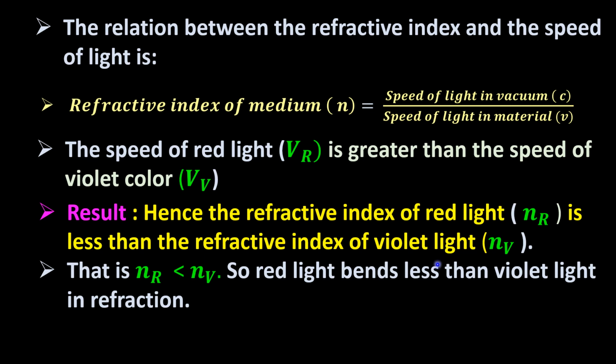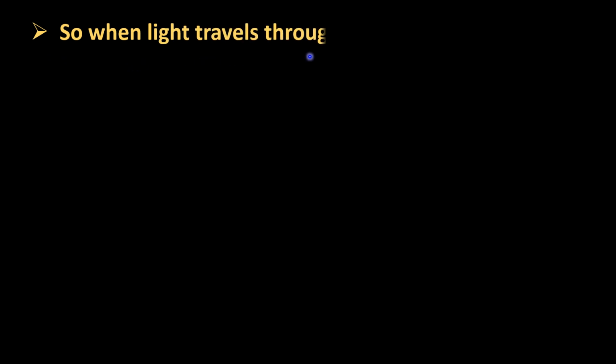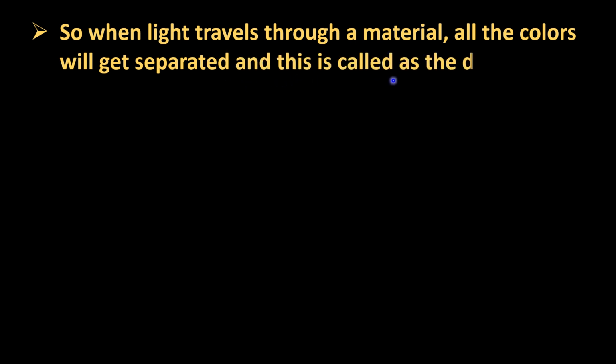Okay, this is more important. So when light travels through a material, all the colors will get separated, and this is called the dispersion of light.